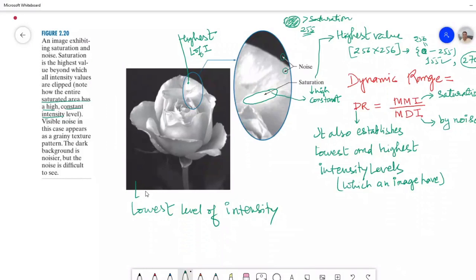Yes, sir. Suppose you have captured your image using your camera. Now there are two conditions. The first condition is that you are capturing your image in sunlight. And another image you are taking in a cloudy season. So can you give the difference, or can you give the value for dynamic range or DR for these two cases?